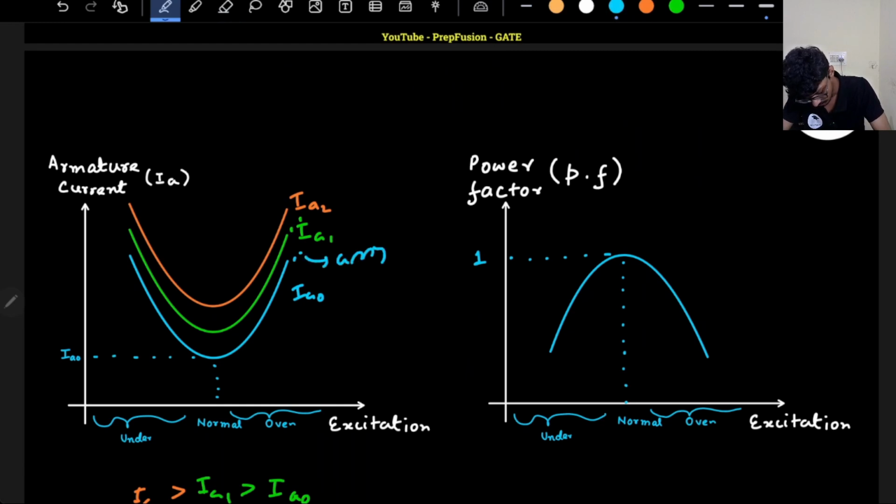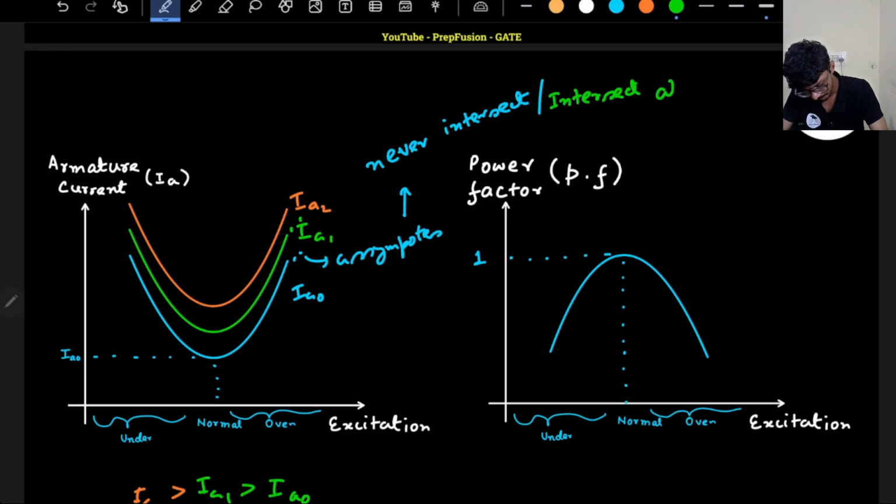Asymptotes meaning they never intersect, or intersect at infinity.